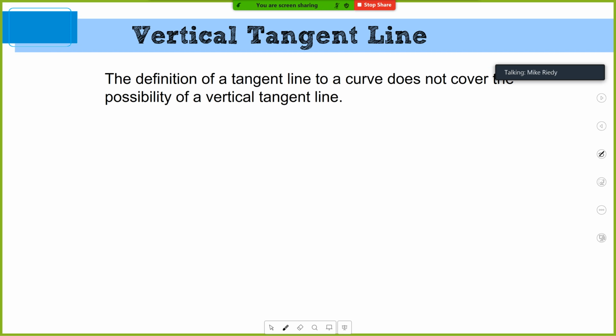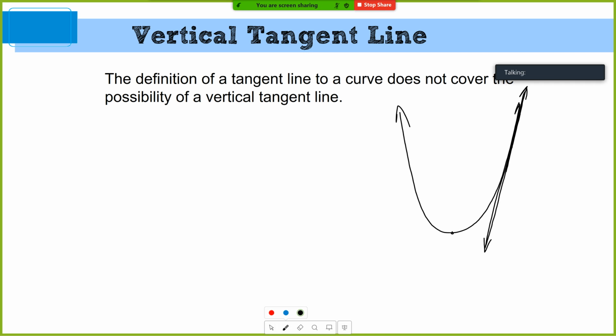Okay, now, what happens if you've got a function that has some weirdness to it? So, for instance, think about that parabola we just looked at. It faces up and it has a vertex. And we happen to look at a point over here that had a big steep slope of 22. What's the slope of the tangent line at the vertex?